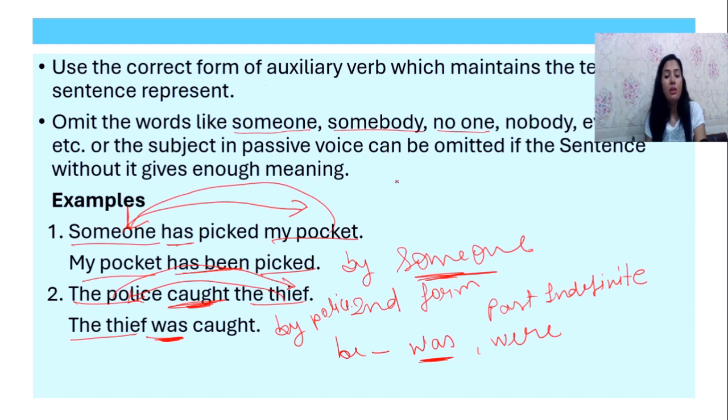So a sentence that has an intransitive verb can't be changed into passive. For example, there is a sentence, she sleeps. Sleeps is an intransitive verb and it does not have an object, so it can't be changed into a passive voice. So always remember that a sentence that has a transitive verb can be changed into passive voice.